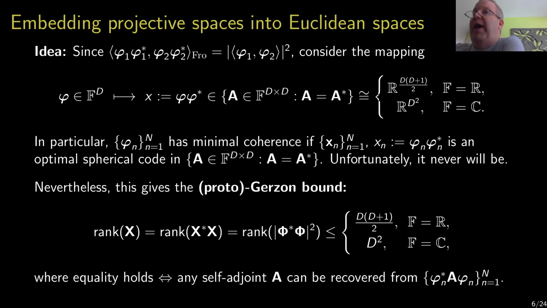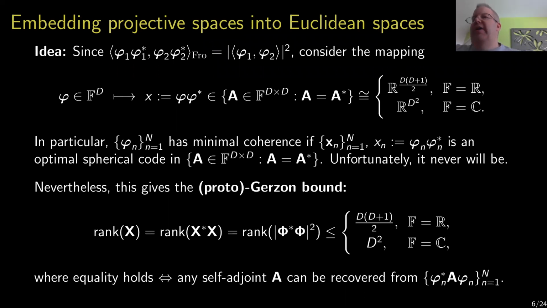Either way, this is a real space, but its real dimension is based upon whether the underlying field is real or complex. And so we could say, hey, if you had some phi-n's and you lifted them, as we say, to some corresponding x-n's, if those guys happen to form an optimal spherical code, then the phi-n's would happen to form an optimal projective code.